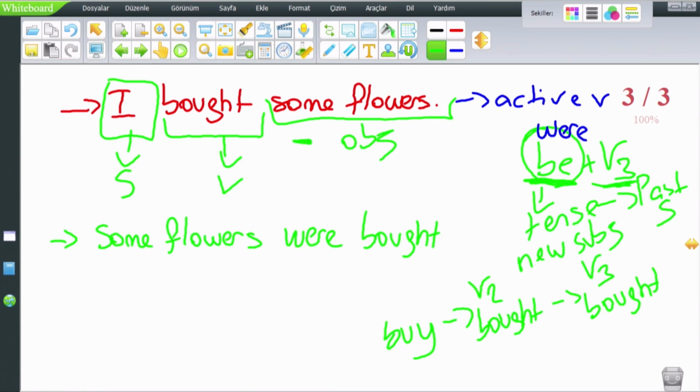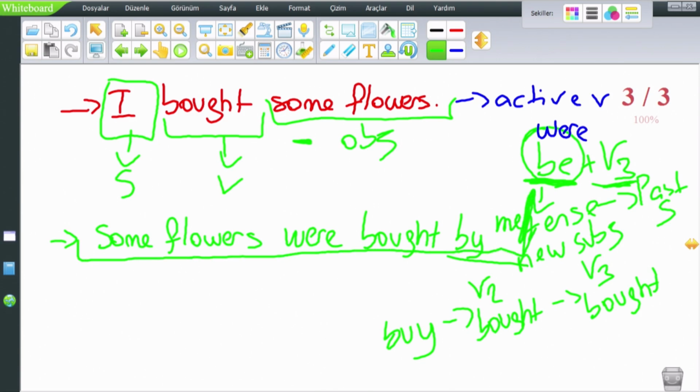If I want to add who does this action in this sentence, I can add by and the object pronoun, or I can just simply give a name.